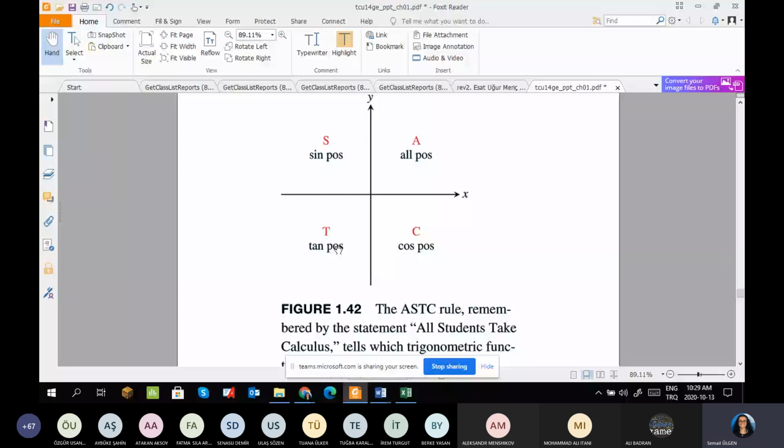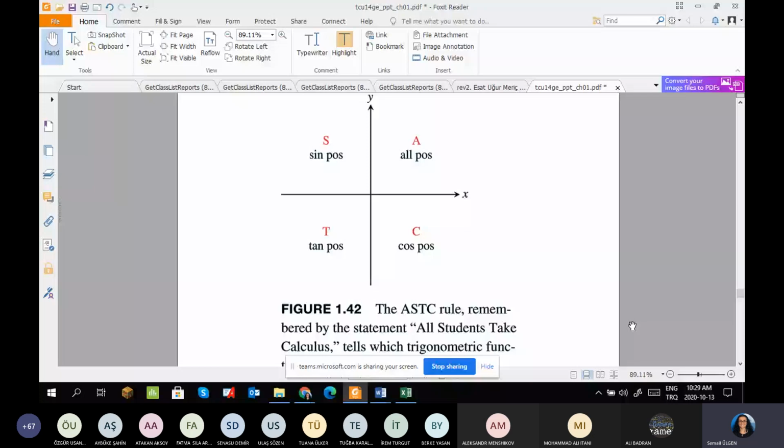So this is a recall. In short, if you forget the sign, you can remember ASTC: all students take calculus. Okay, ASTC rule.